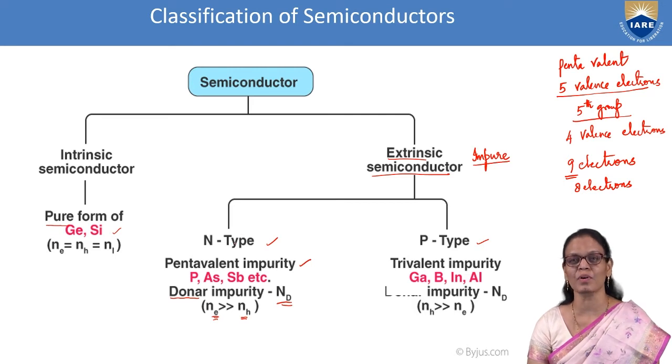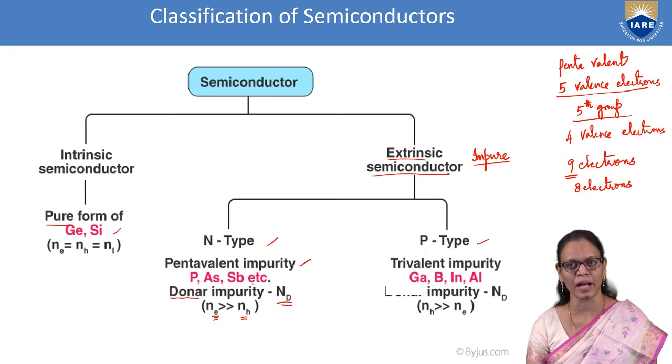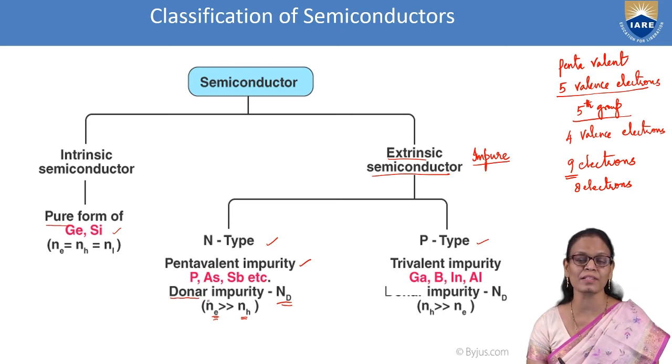This is what we need to understand about N-type. N-type is obtained by adding a pentavalent impurity. Examples are the fifth group elements phosphorus, arsenic, antimony. By adding these, it becomes a donor impurity because it has one extra electron, and always the number of electrons is greater than the number of holes.